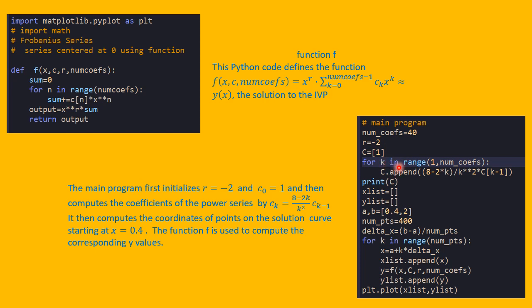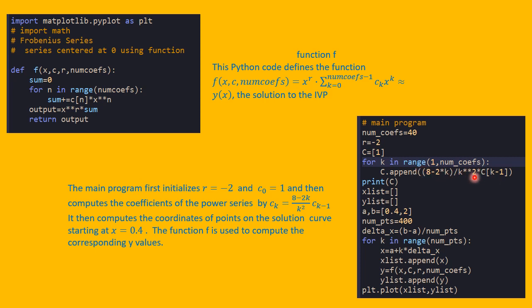And then we have a loop here for k in the range from 1 to the number of coefficients. Append to the list c the next c sub k value, which is computed by that recursive formula, 8 minus 2 times k divided by k squared times c sub k minus 1.